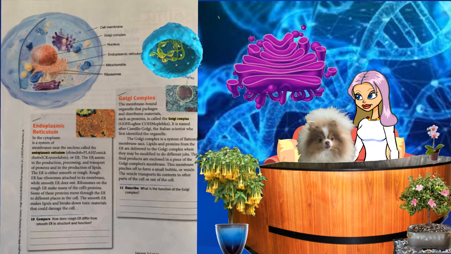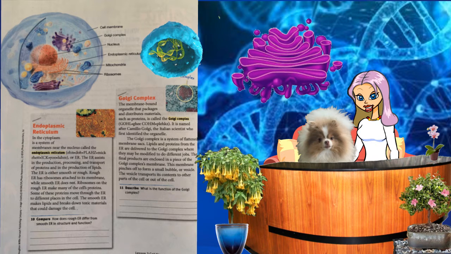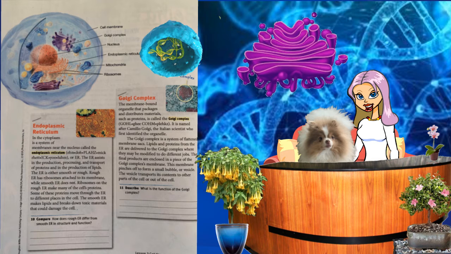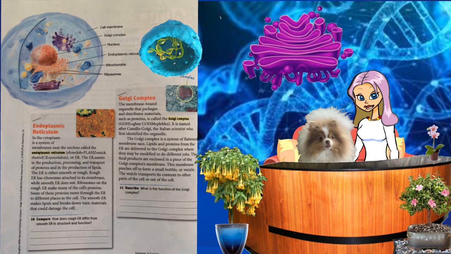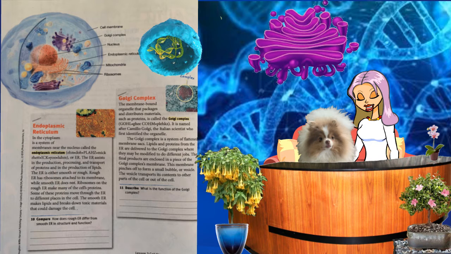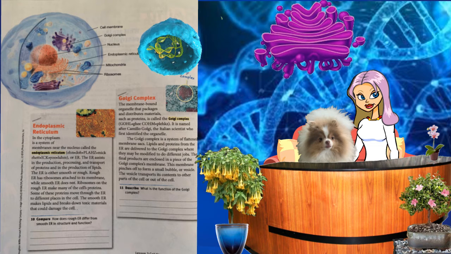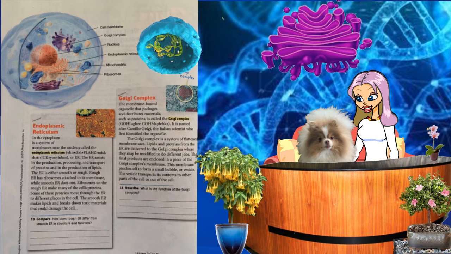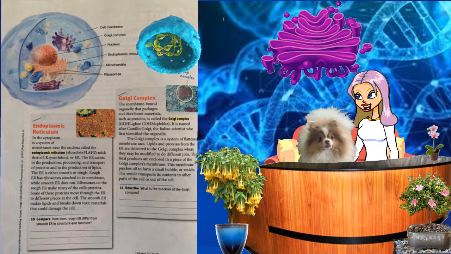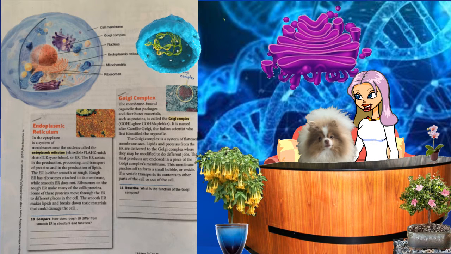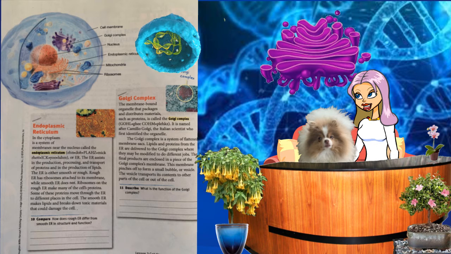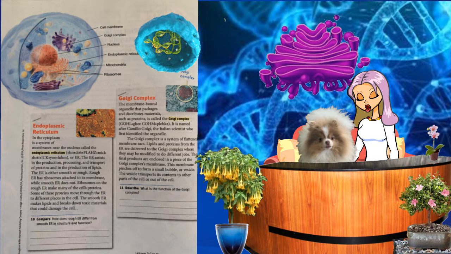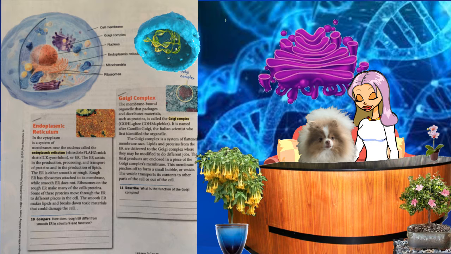You might think of the Golgi complex as something similar to a post office. In summary, the Golgi apparatus is a membrane-bound organelle found in eukaryotes, and it preps fats, which are lipids, and protein molecules, and it delivers them for use either inside the cell.